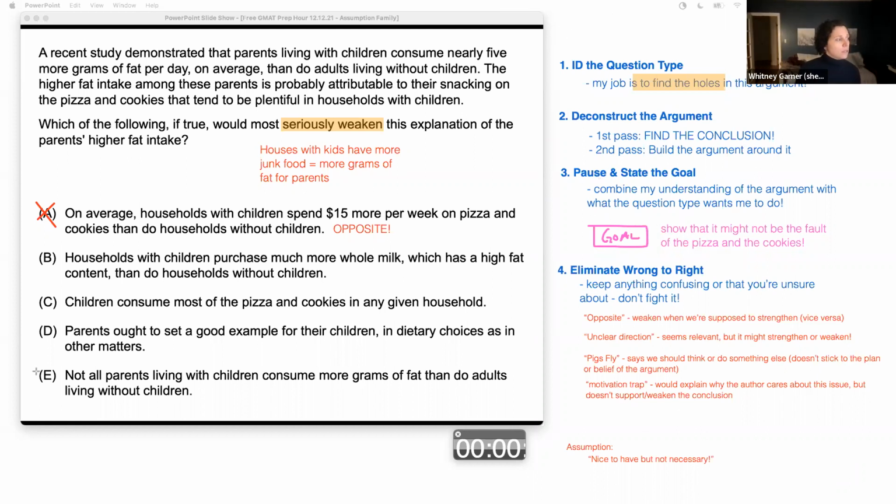This might also be the wrong answer if, what would be the best way to put this? In the last problem that we did with the city, the city manager, a motivation trap might be an answer choice that talks about, well, maybe we don't need the tourist industry anyways, or tourism brings 75% of the revenue to our town.